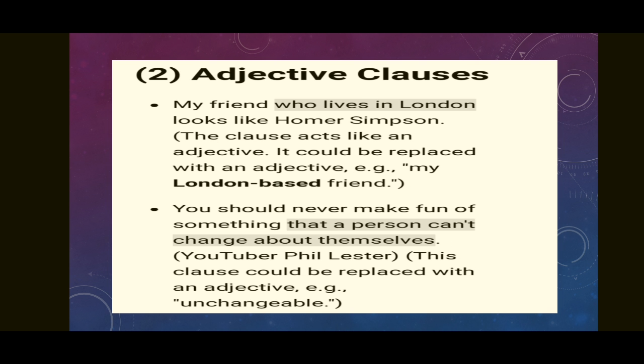Adjective clauses are also called relative clauses. Relative clauses add extra information to a sentence by defining a noun.